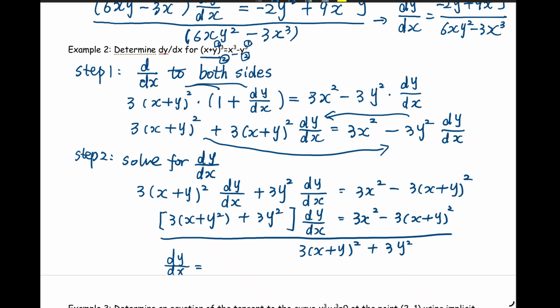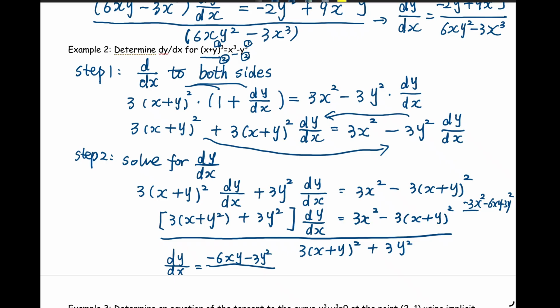You could simplify it. It will be 3x squared minus 3x squared minus 6xy minus 3y squared. So 3x squared cancel out. Numerator is negative 6xy minus 3y squared. And the denominator, add this together.